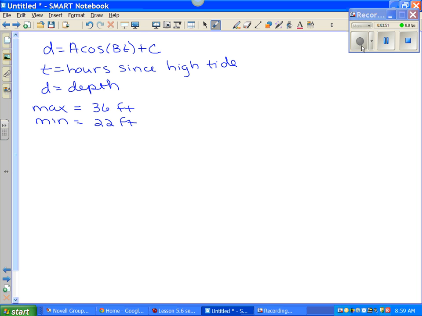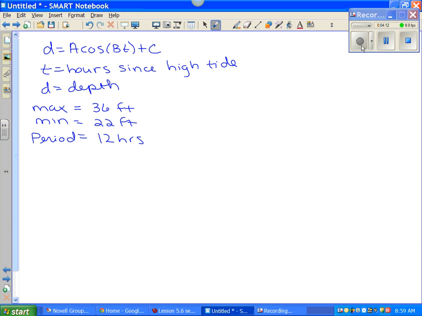And what does that 12 hours represent? Awesome, say it again. It's period, yeah. If we get high tide every 12 hours, that's how long it takes to get one full cycle. Great, nice job. Okay, so we got a whole bunch of information, right?